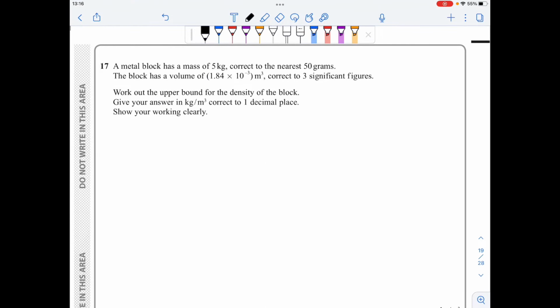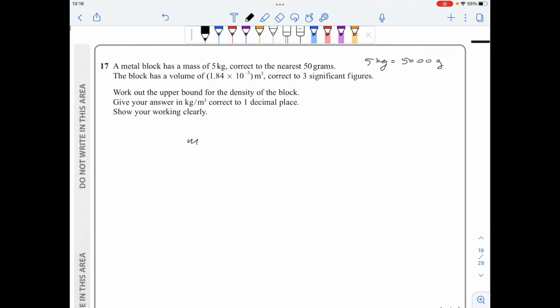In question 17, some people find it easier to convert the 5 kilograms into 5,000 grams. Now this is given correct to the nearest 50 grams. That means I'll take that quantity 50 divided by 2, 25, and add or subtract 25 from 5,000.